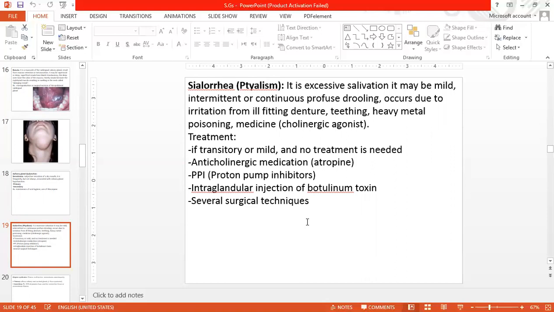As you know, cholinergic agonists cause excessive salivation, and cholinergic antagonists cause xerostomia. It may be transitory to mild and no treatment is required. In some cases, we can start with anticholinergic drugs like atropine or a proton pump inhibitor to prevent excessive secretion of saliva. And according to some authors, some of the evidence supports starting with intraglandular injection of Botox to decrease the secretions of saliva.